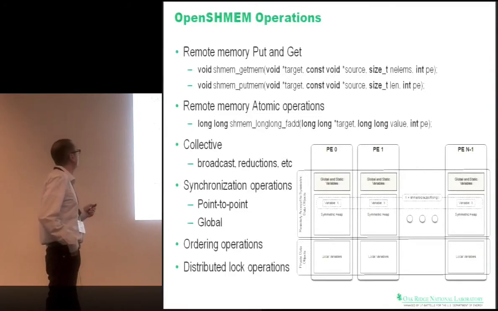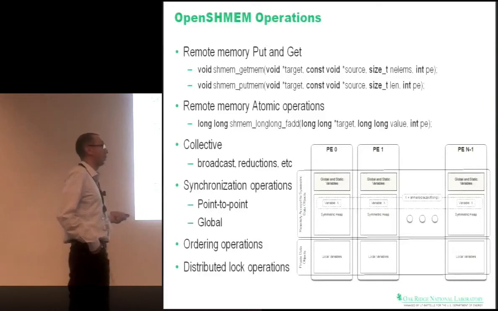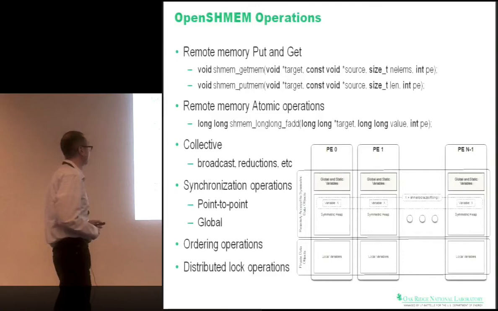We expose atomic memory operations. This is just one example, fetch and add, which fetches the original value and adds some value to the remote destination target value, given the PE index.